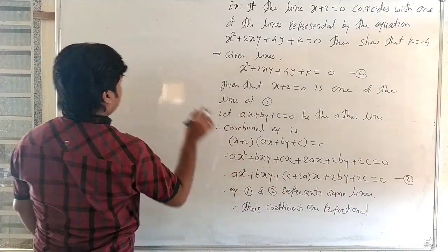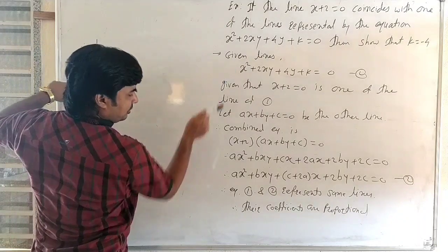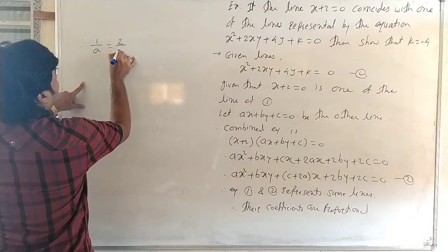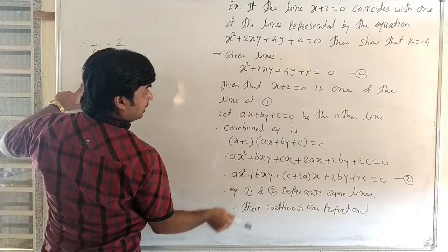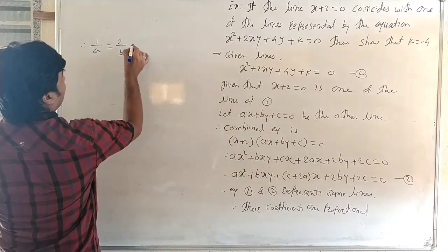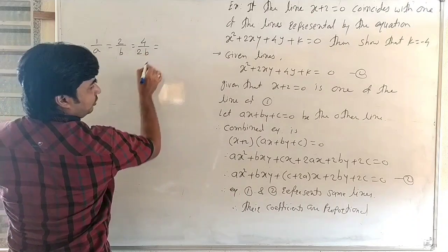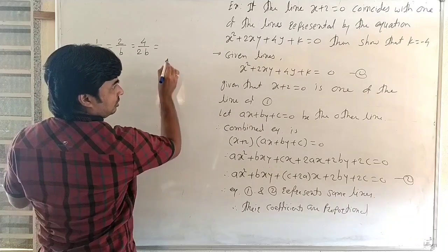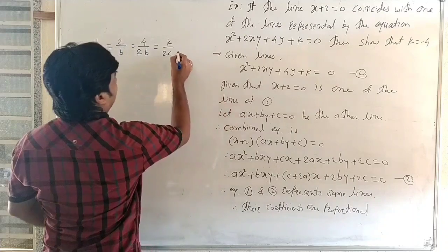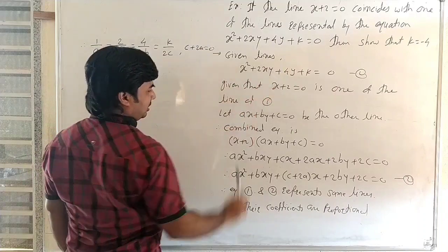Here, x square, therefore we can write 1 upon a, coefficient of x square, is equal to 2 upon b, the xy coefficient, is equal to 4 upon 2b, is equal to constant k upon 2c, and here c plus 2a becomes 0 because here x is absent.